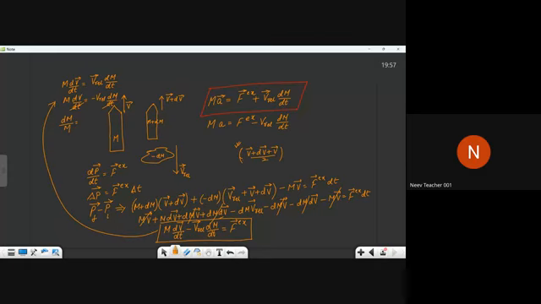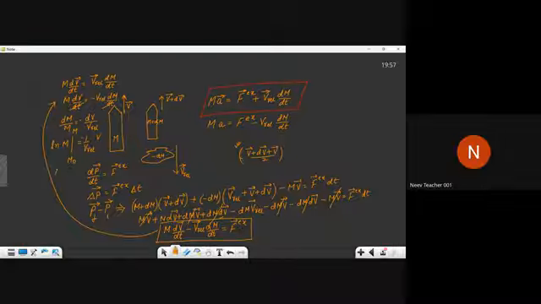Right, class? dv by v relative with a negative sign. V relative is constant, we are aware of it. So ln of m, from m naught to m, is equal to 1 by v relative, constant, with a negative sign up here, and v on this side, just v.